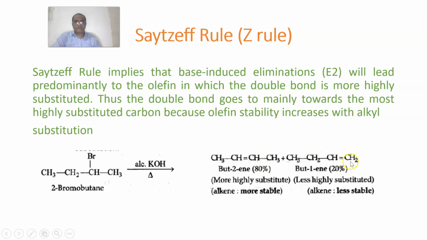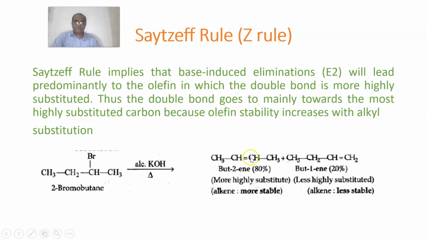So it is said to be less substituted. Less substituted means what? If it had a CH2 in front of it, we could say it is more substituted. But here there are two hydrogens, so it is less substituted, and that is why it becomes a less stable alkene. As the double bond shifts in between, it becomes a more stable alkene.